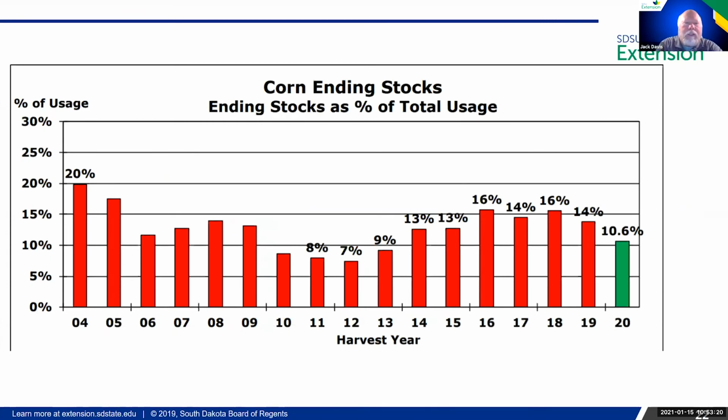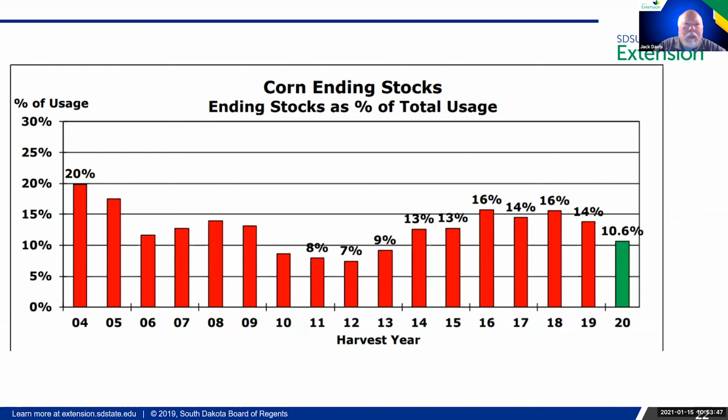Looking at corn ending stocks as a percent of total use, the lowest we've been for 6 years. So with ending stocks to use of that 10.6, we're starting to get into a tighter level of stocks to use.